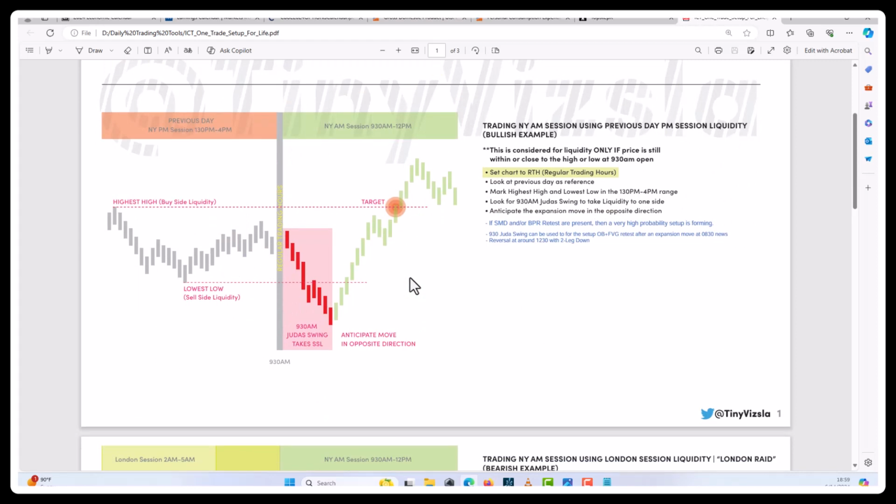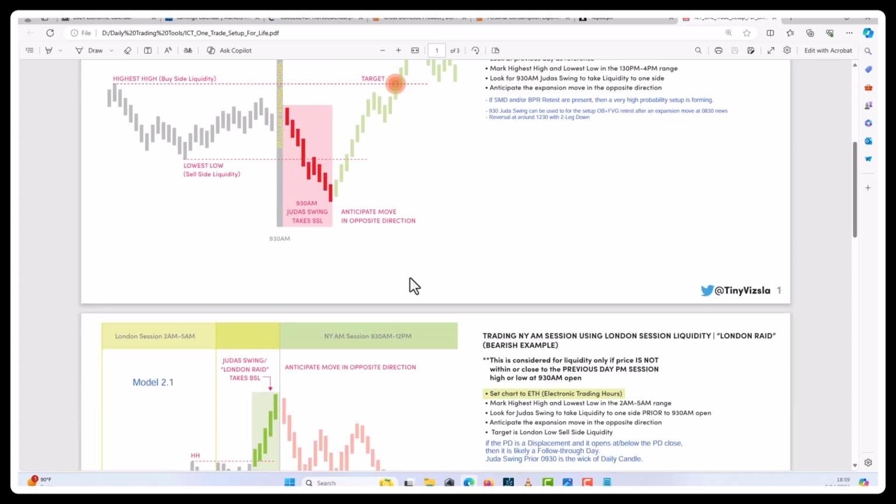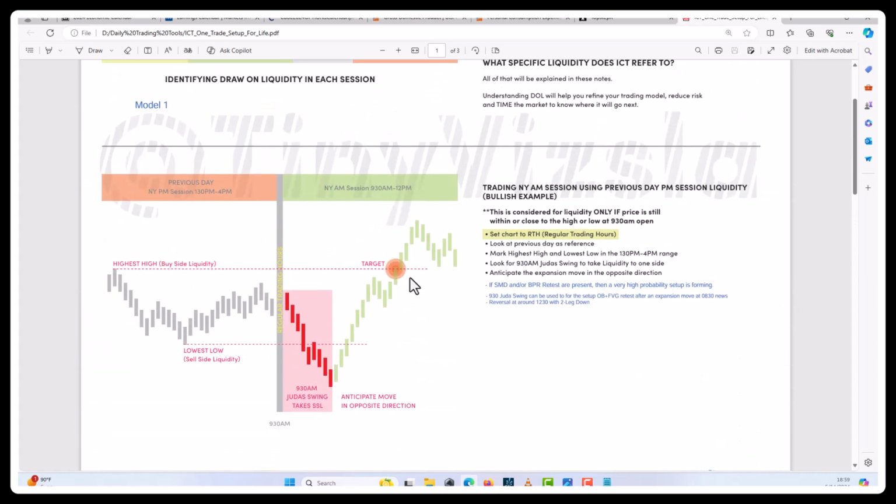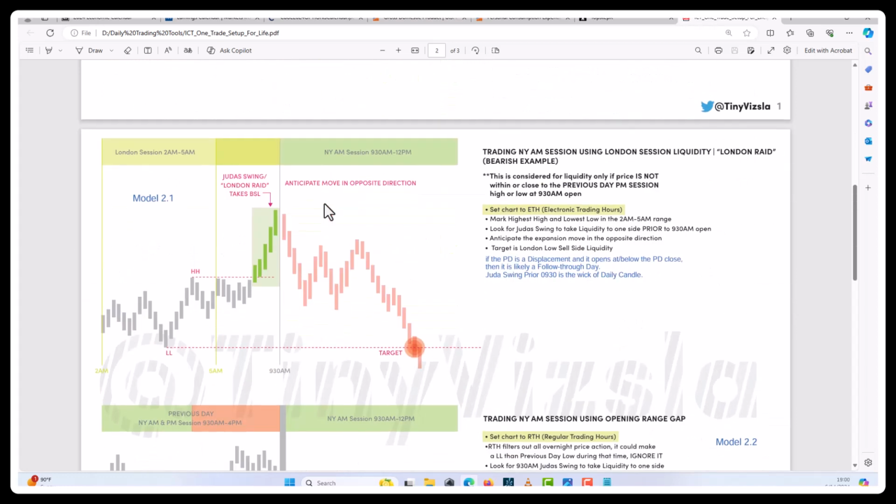That helps us quickly identify a high quality setup, and that's the reason why ICT put this model in here.